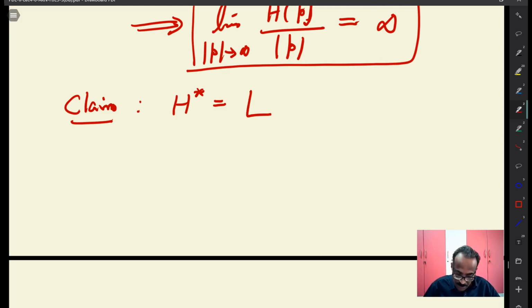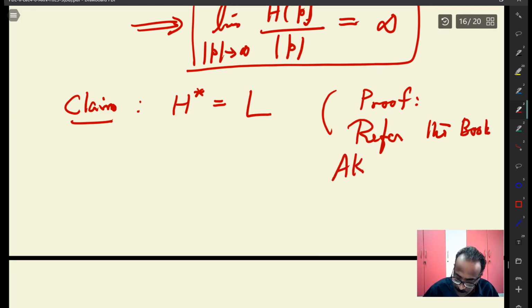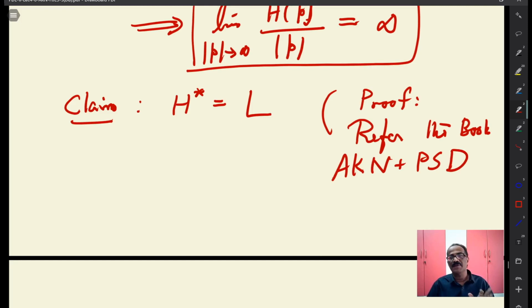Refer to the book, it is not difficult: KKN plus PST. That will take another 5 to 6 minutes, and it is already 35 minutes, so please go and have a look at the proof.